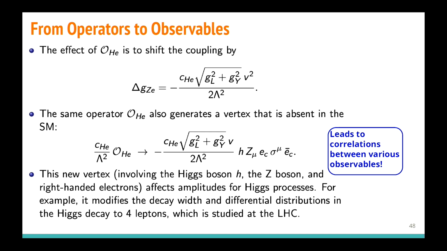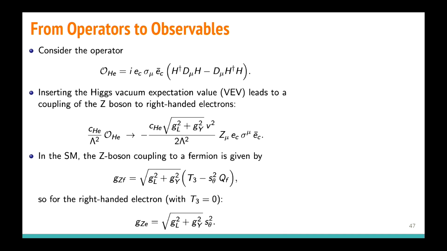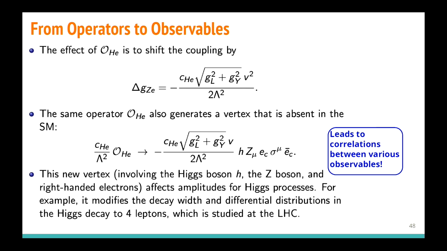So if the standard model EFT is a correct form of the theory, through such correlations, like the ZEE coupling being measured or constrained, the same operator would have been able to tell us that a Higgs-like particle existed even before the discovery of the Higgs boson. This is the beauty of the standard model effective field theory formalism, which correlates various different couplings, and we can actually see that.